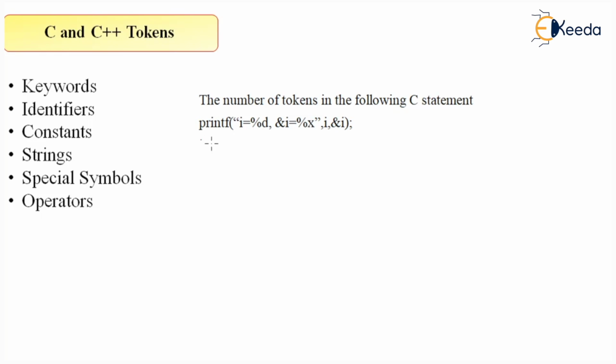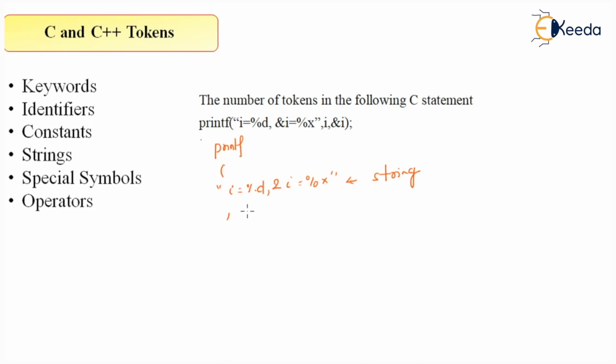Let's categorize. printf is a token, the opening bracket is a token, and the entire thing within double quotes, I is equal to percentage d comma address of I is equal to percentage x, belongs to a string, and that is also a token.